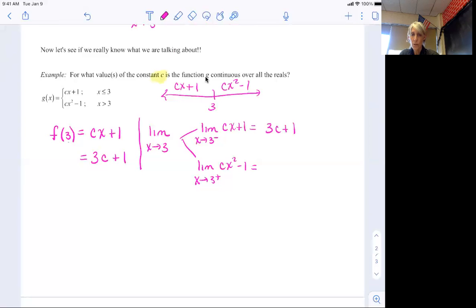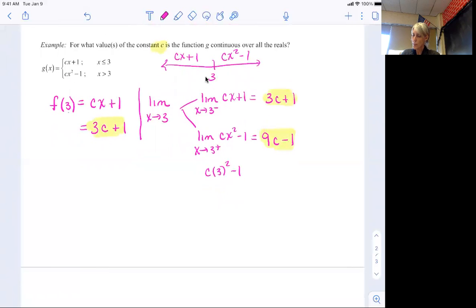When I plug in 3, I get c times 3 squared minus 1, or 9c minus 1. This and this are the same already. So in order for my function value to match my limit, I've got to make sure that these two are equal to each other. Oops, I got this squared. Oh no, that's right.